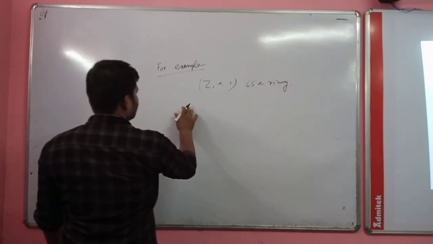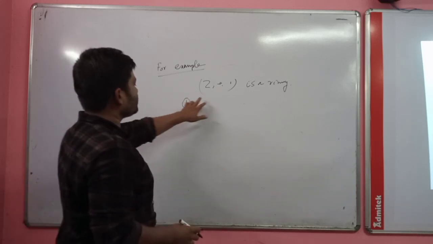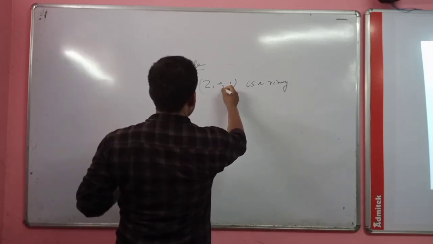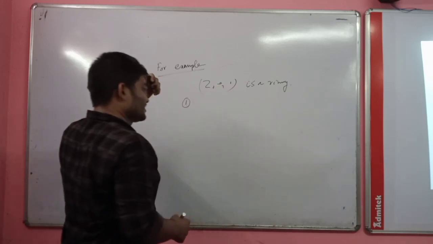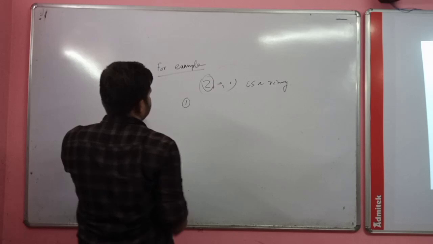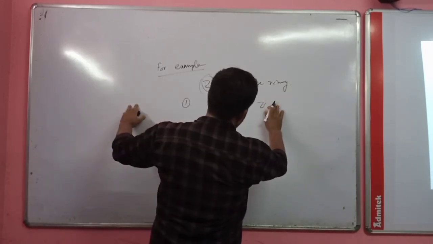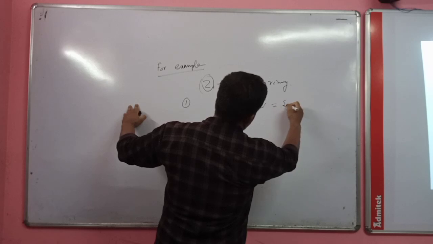Check all conditions, whether they are satisfied or not, then it is a ring. For the first condition, Z is the set of integers.